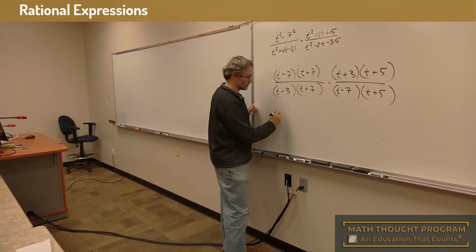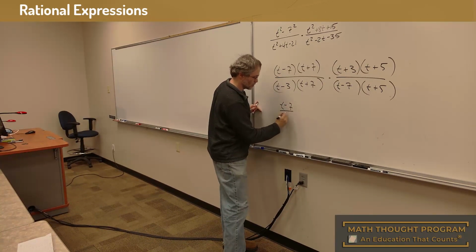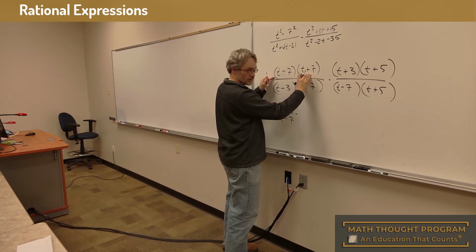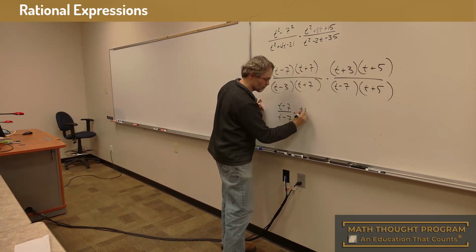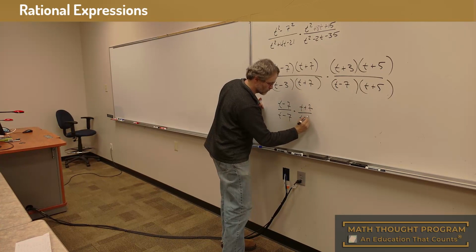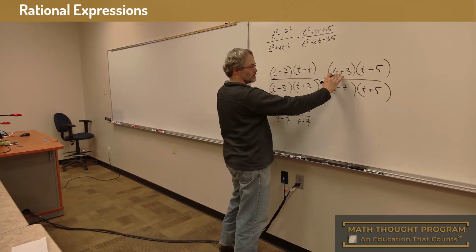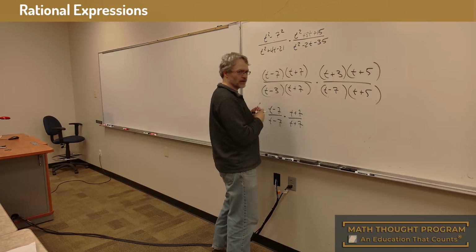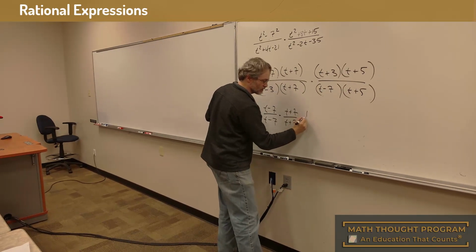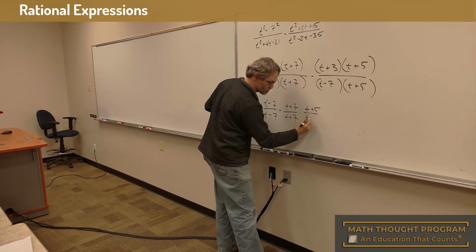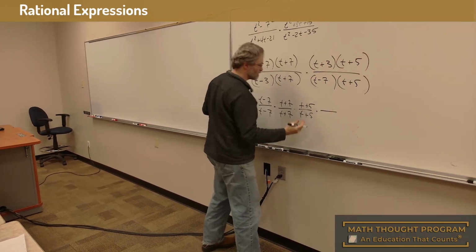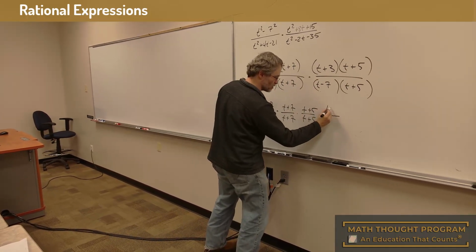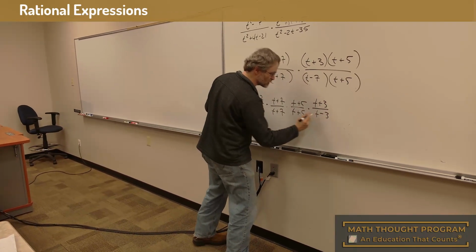So I'm going to pull it out. Okay, and t plus 7, I see one down here also. And t plus 3, t minus 3, nothing's being pulled out there, but the t plus 5 is. And then everything that's not in common, I'll push it over here. So I have the t plus 3 and t minus 3.